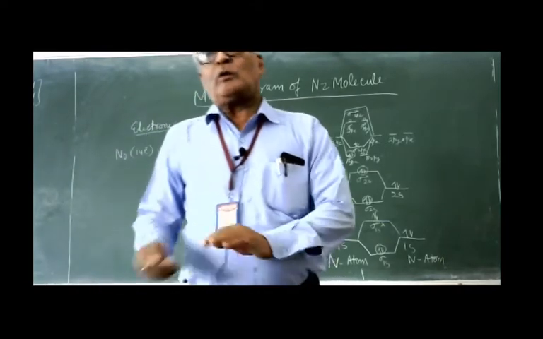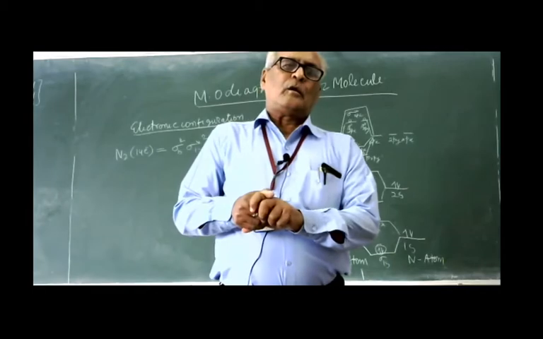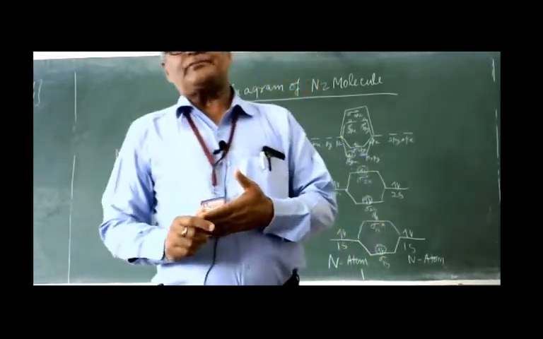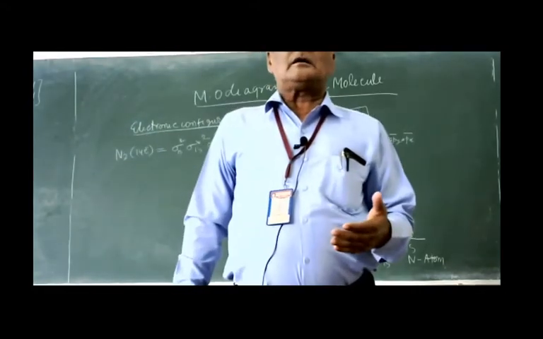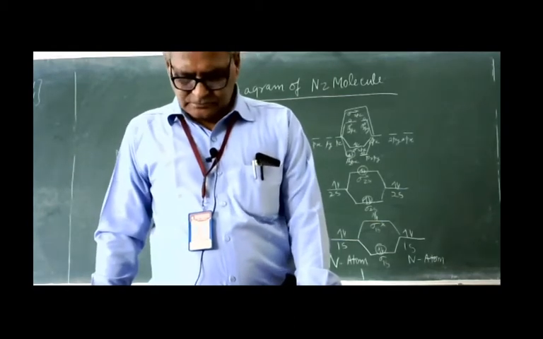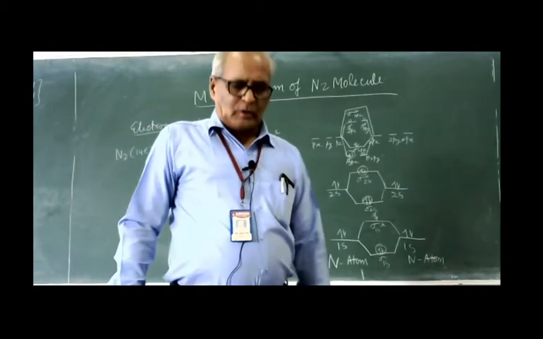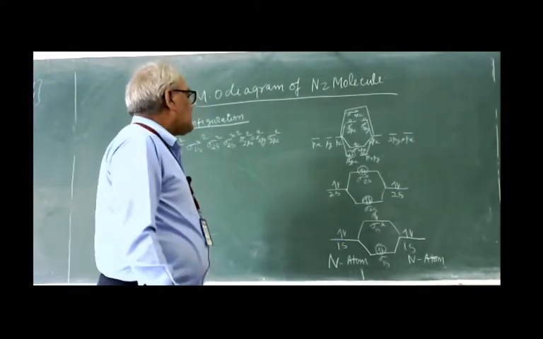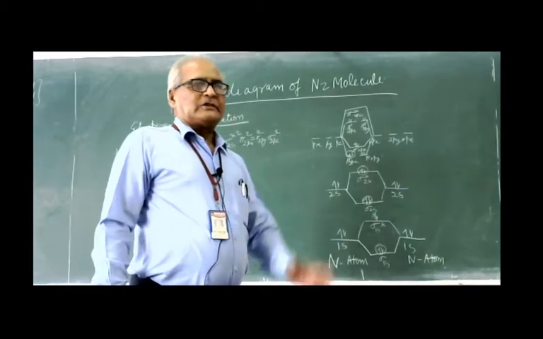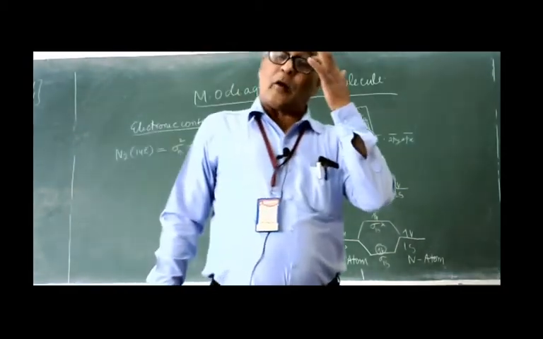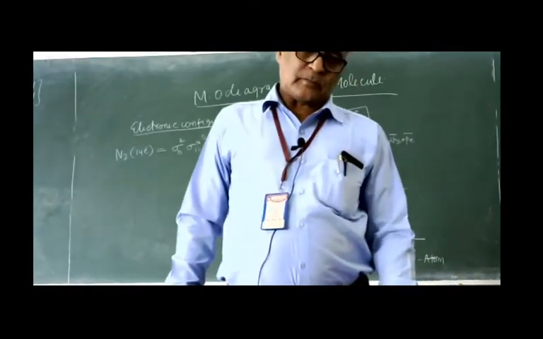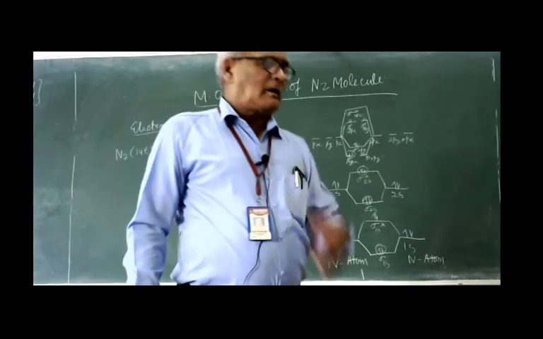So now here we shall discuss the molecular orbital diagram and the arrangement of electrons in different molecular orbitals. For example, if it is asked to sketch the molecular orbital diagram of the nitrogen molecule and give the electronic configuration, very easily you can draw.